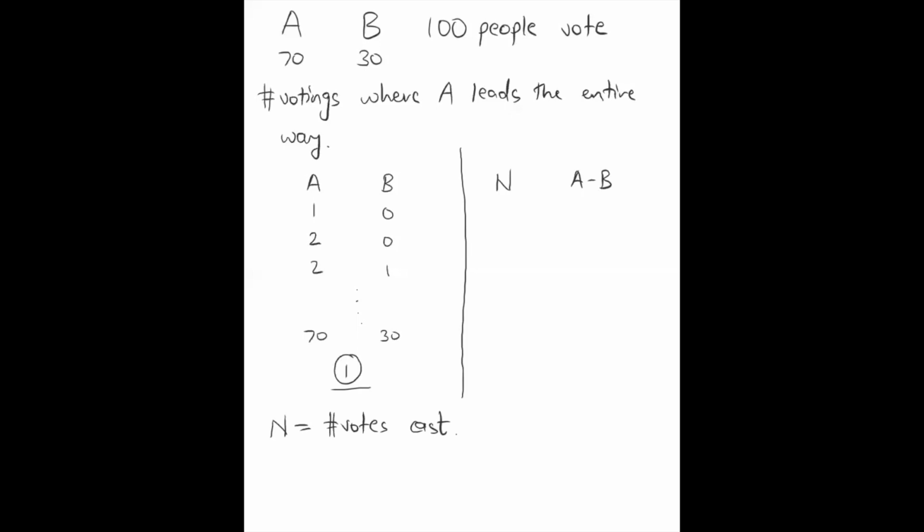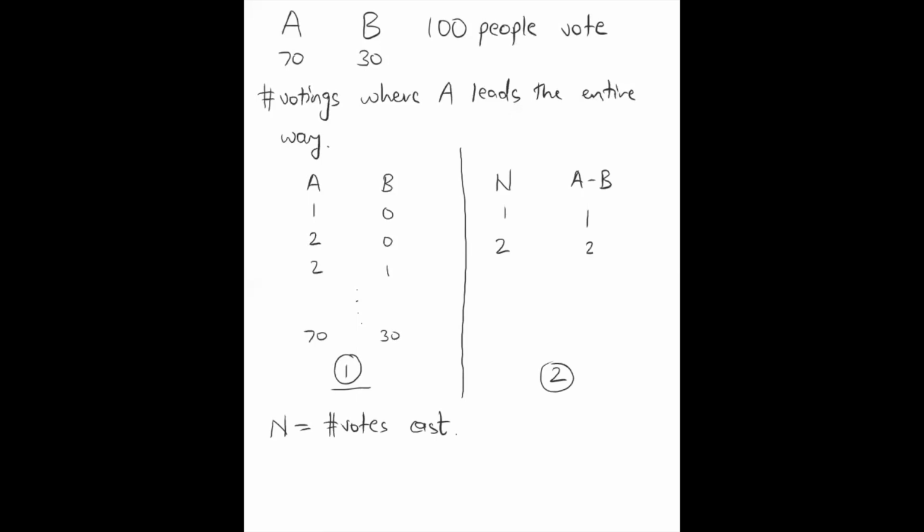Let's convert the first thing into the second thing. For the first one, there is one vote cast, and A minus B will be 1, because A has received one vote and B has received none. For the second, N will be 2, because now 2 votes have been cast, and A minus B will be 2.